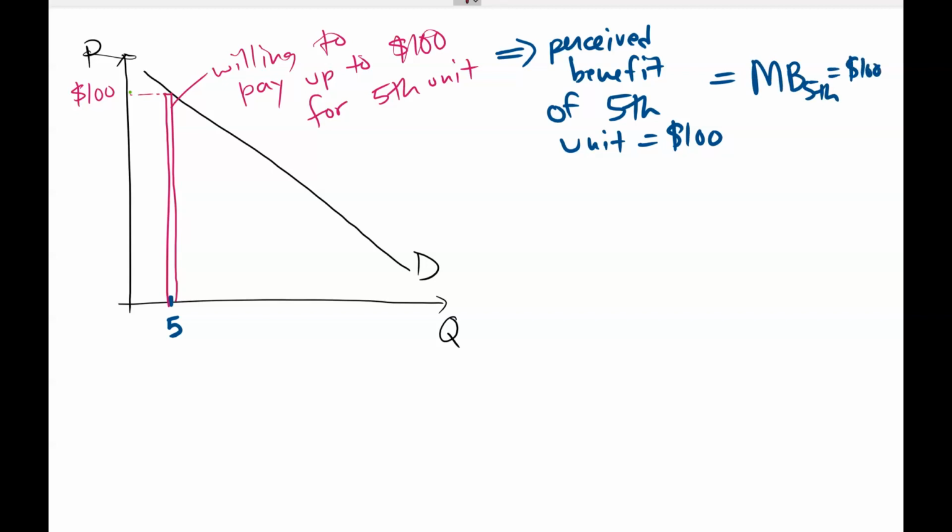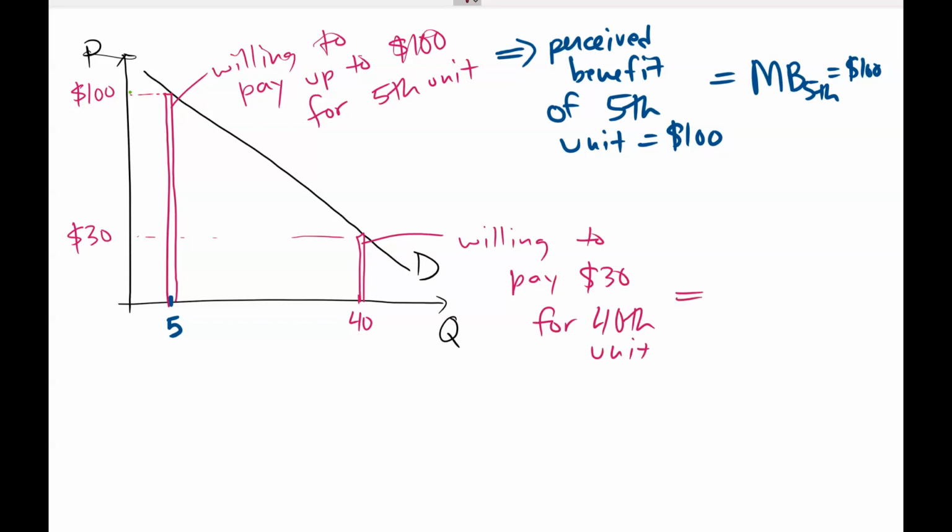Okay, so now let's go to another unit. Let's say we go to the 40th unit. For this one, the willingness to pay is much lower. Let's just make up a number. Let's suppose this is $30. So they're only willing to pay $30 for the 40th unit.